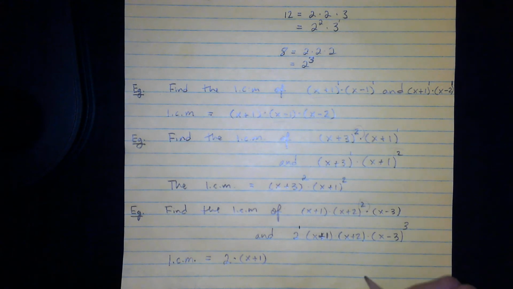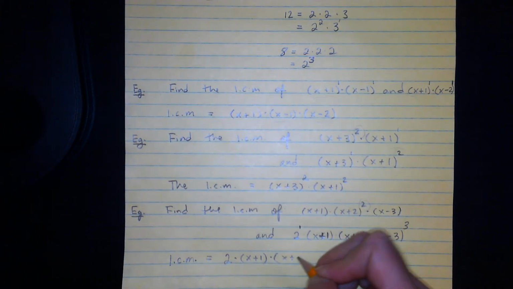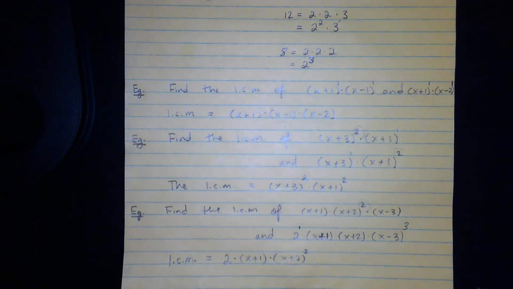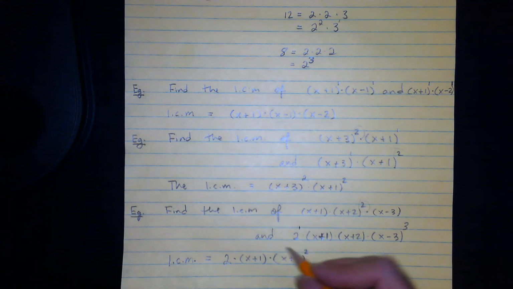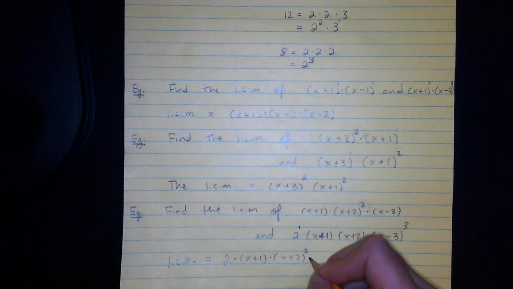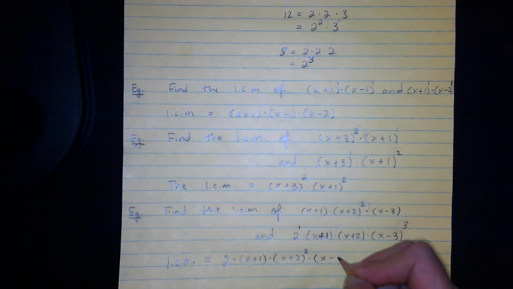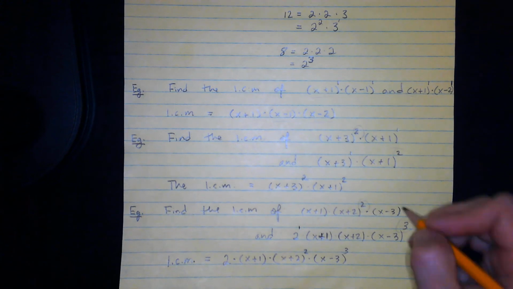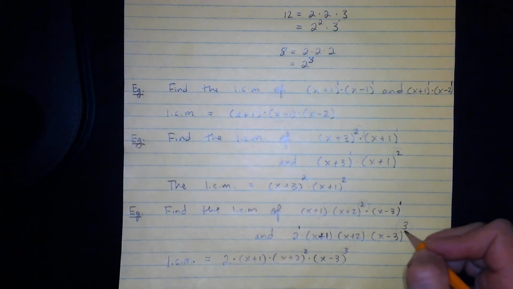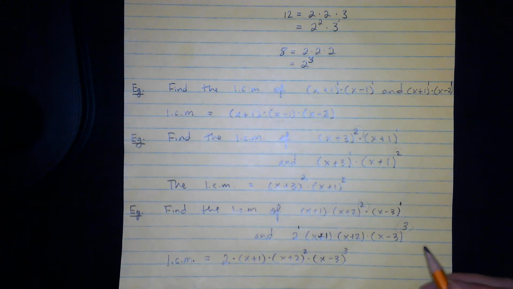I see that this one has an x plus 2 squared, so I'll make x plus 2 all squared part of my least common multiple. And then finally we should use this cubic factor, x minus 3 cubed. Since this is to the power of 1, that's to the power of 3, we should use x minus 3 to the power of 3.